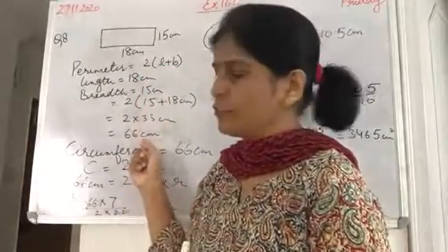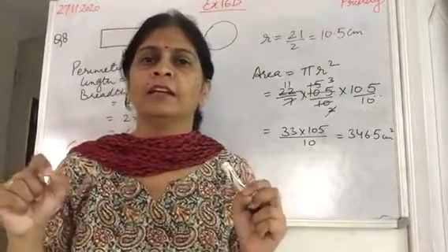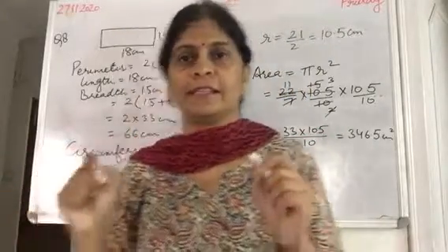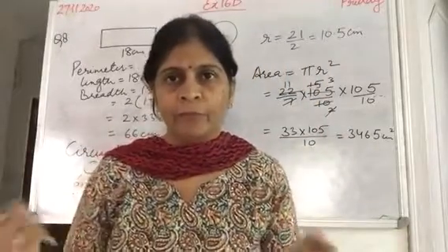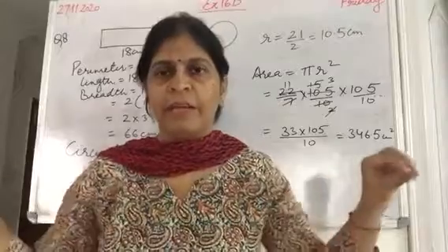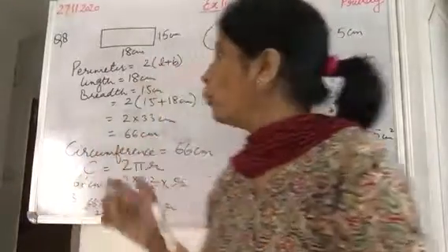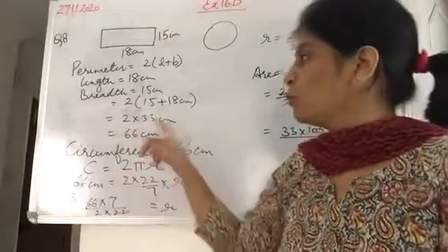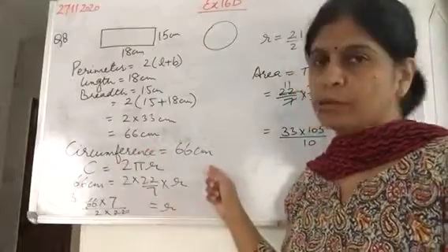So the total length is 66. Yes, 66 is the perimeter, which means the total length of the wire is 66. Now this rectangle will be rebent, reshaped, meaning we make it straight and then turn it into a circle. We have not torn it. So whatever the perimeter of the rectangle is, that will be the same for the circumference.